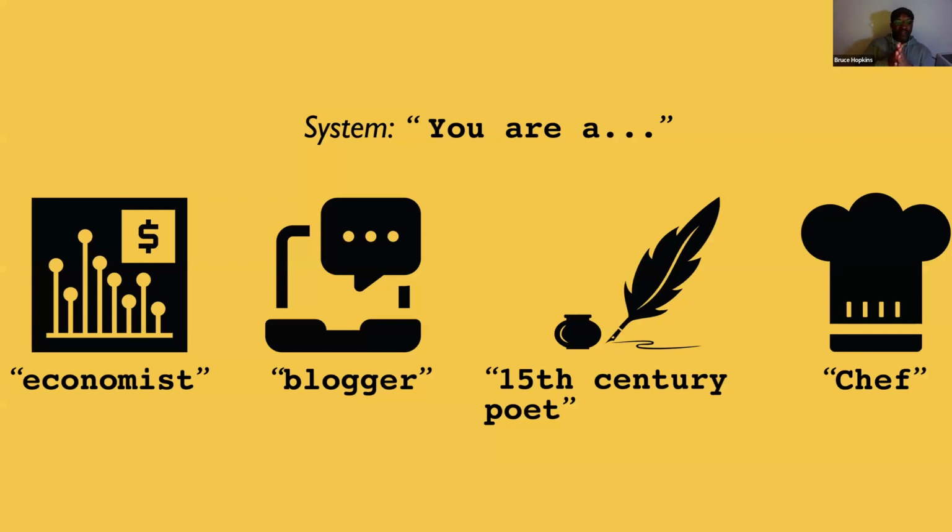The purpose of it is that, first of all, you can only set this once in your conversation, and you are telling ChatGPT what its role is in the conversation. It can be anything. You can say you are an economist, you are a chef, you are a blogger. You're giving it the context, specifying how it needs to think and to respond.